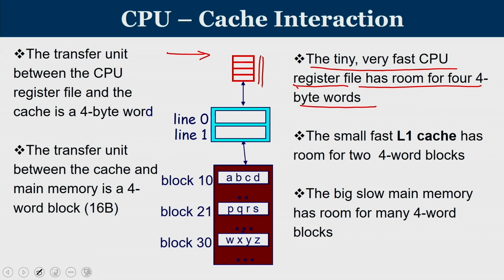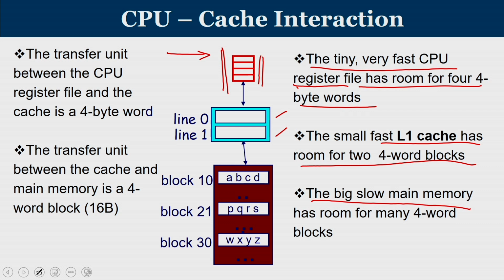Now when you come to the L1 cache, it is relatively small when compared to main memory, but bigger than the processor registers. Assume that you have 2 blocks, each can accommodate 4 words. So I have 4 registers, each can accommodate 1 word, and I have 2 cache blocks, each can accommodate 4 words, and then I go to main memory.